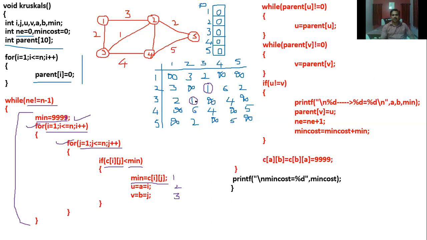So here itself I get it, so I don't think that this other value will be considered now, right? So U is equal to 2, V is equal to 3, even A is equal to 2, B is also equivalent to 3. Okay, and the minimum is going to be 1.